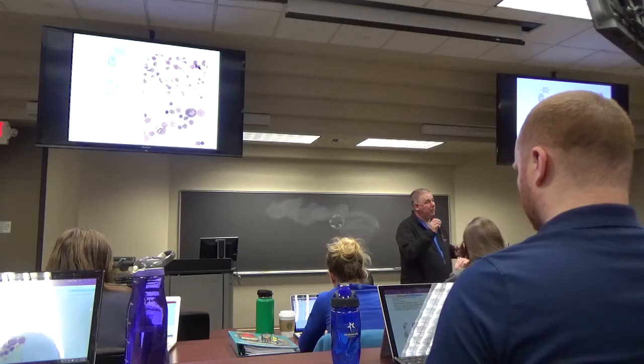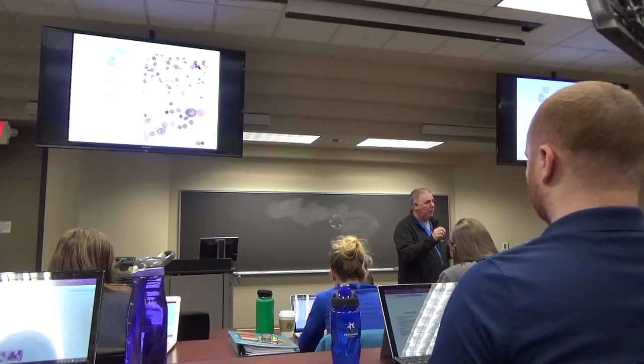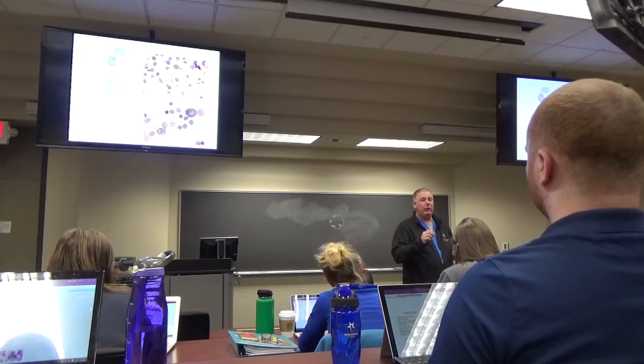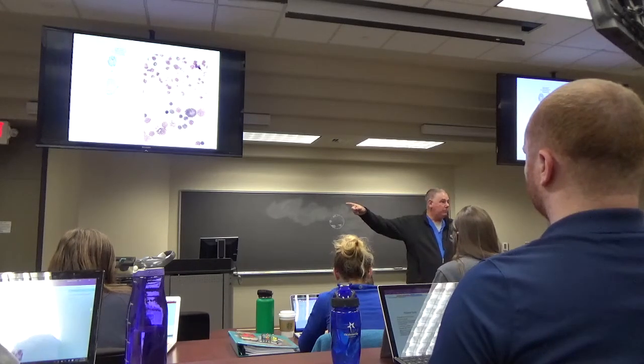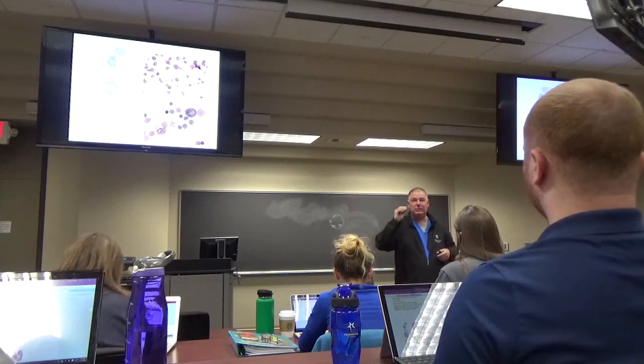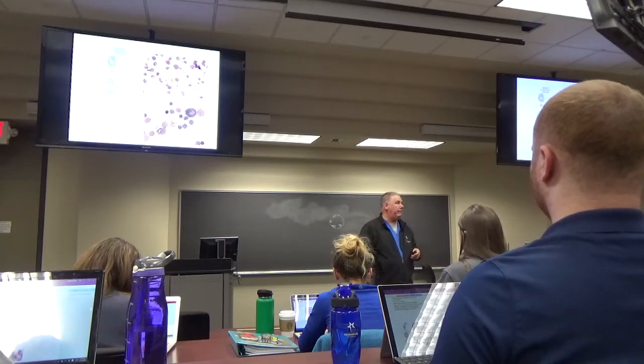There is a medicine to treat asthma that is called a mast cell stabilizer, and that's how it works. It prevents the mast cells from degranulating.